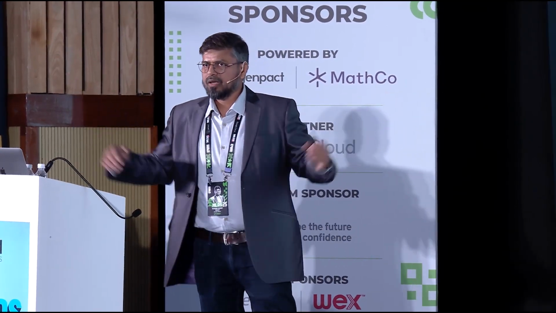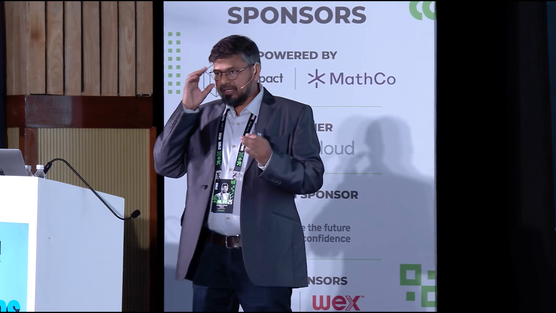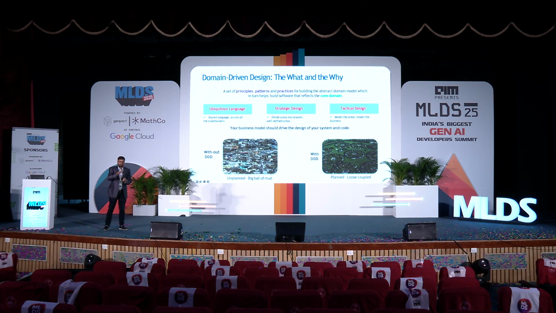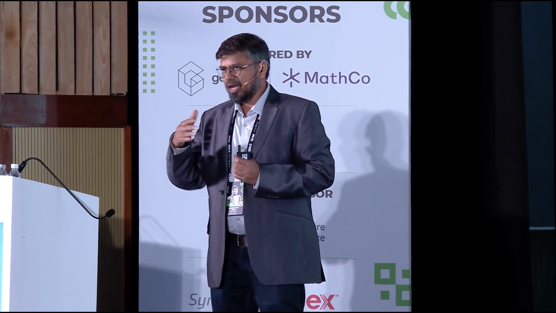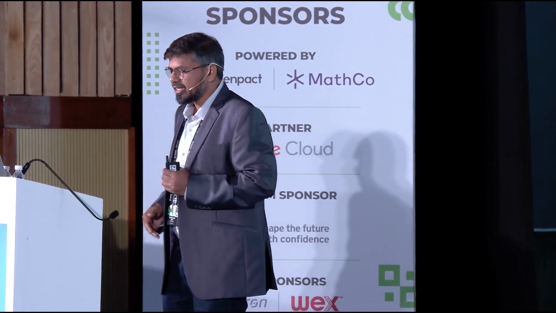After having that understanding, we group the cohesive functionality of the business together and create the subdomains, categorizing them as core domain, supporting subdomains, and generic subdomains. That helps our stakeholders or leaders decide whether to go with buy versus build. I'll share more details on it.